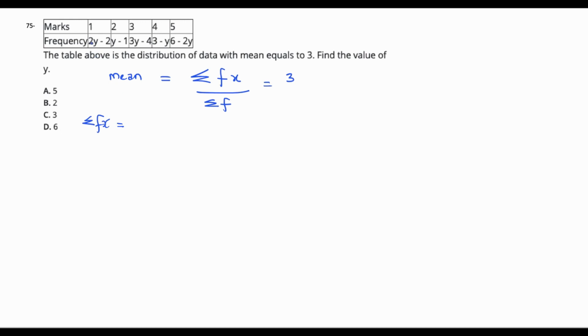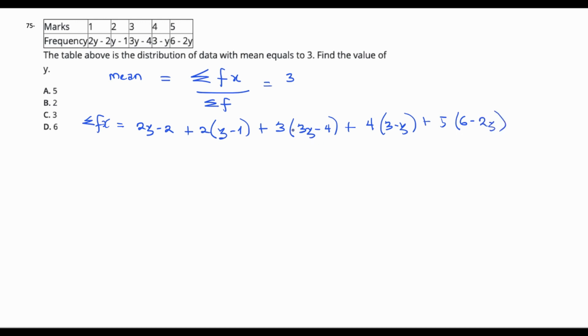So summation of frequency multiplied by x is going to be equal to 1 multiplied by 2y minus 2, plus 2 multiplied by y minus 1, plus 3 multiplied by 3y minus 4, plus 4 multiplied by 3 minus y, plus 5 multiplied by 6 minus 2y.